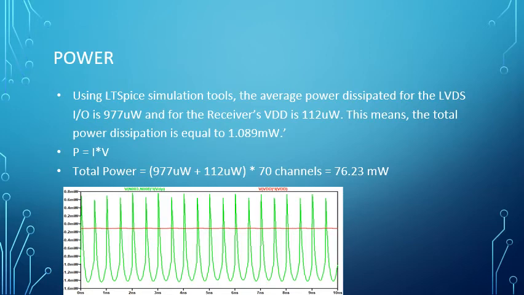What we found was that the differential voltage source was dissipating 977 microwatts on average, whereas the receiver's VDD was dissipating 112 microwatts. So in combination we get about 1.089 milliwatts in total. Therefore, total power multiplied by the 70 channels that we will have is 76.23 milliwatts.